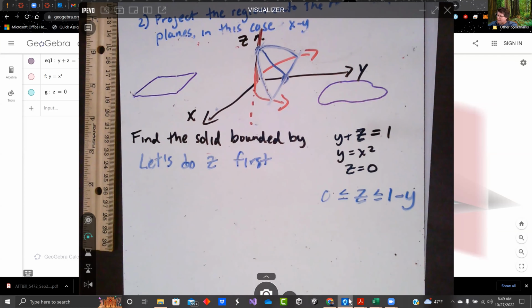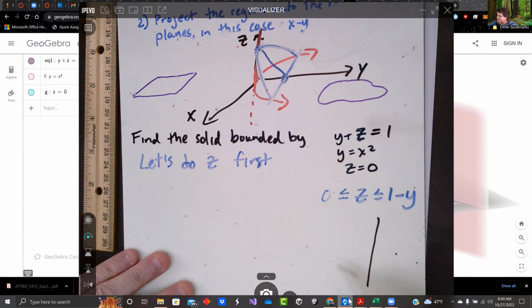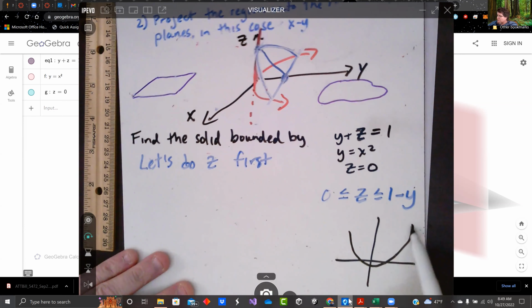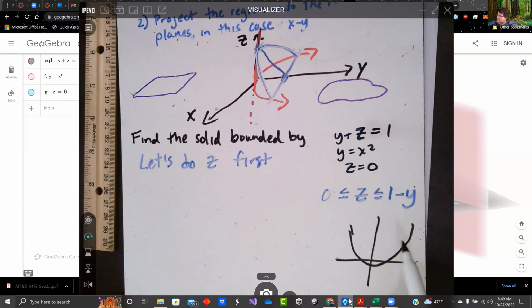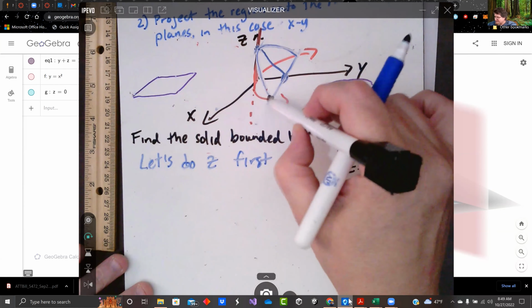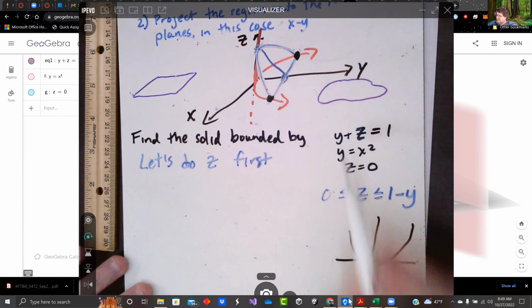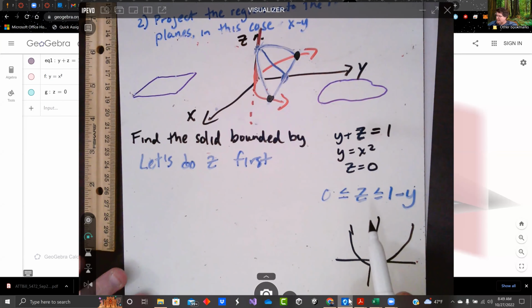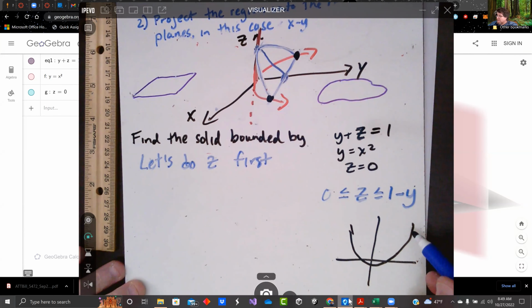Once we've done that, we are now down to a two-dimensional surface, y equals x squared. But where do we stop it? It stops here and here. So that's where the y plus z equals 1 and the z equals 0 intersect. So we need to find out what those values are.